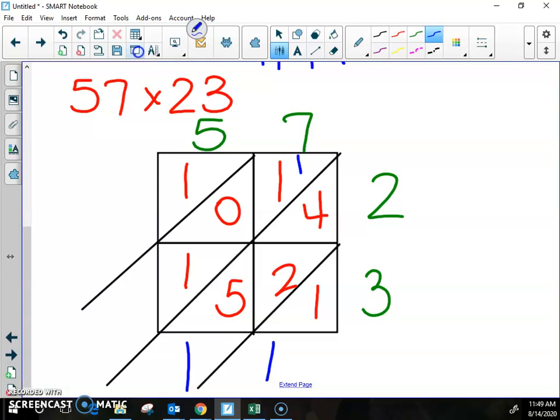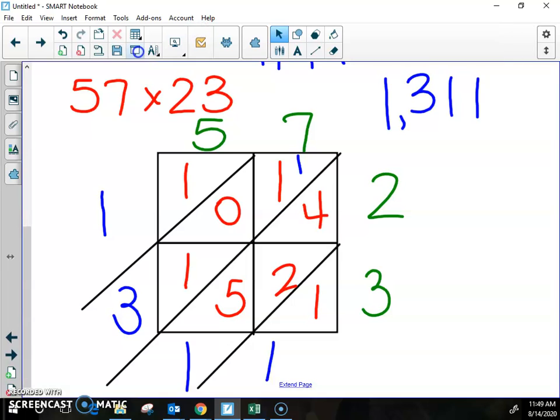Now what am I adding? Plus 1. How many 1s are we supposed to be adding? 3, which equals? And my last column? 1. So what is the answer? 1,311.